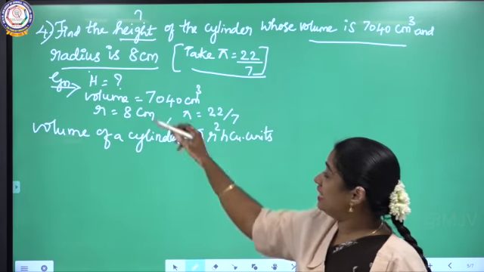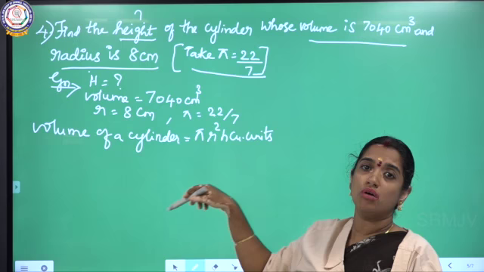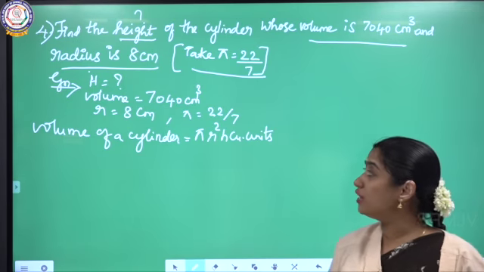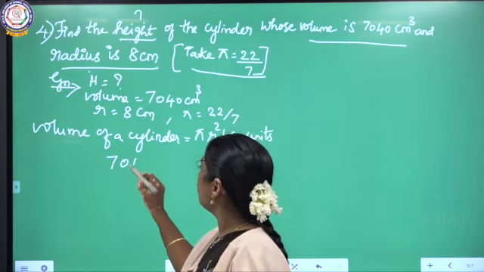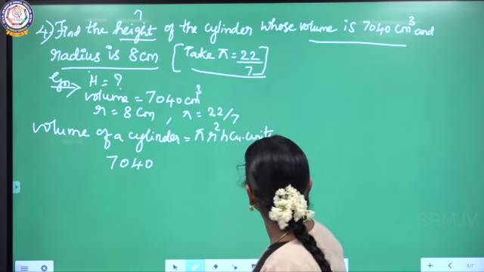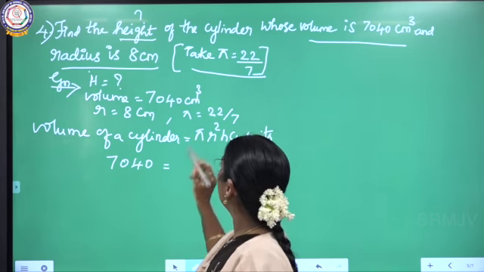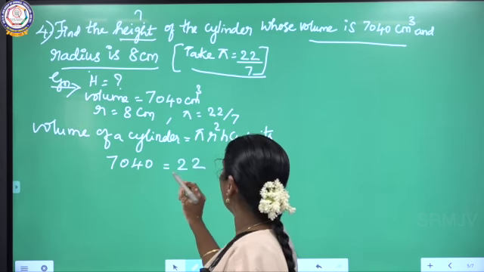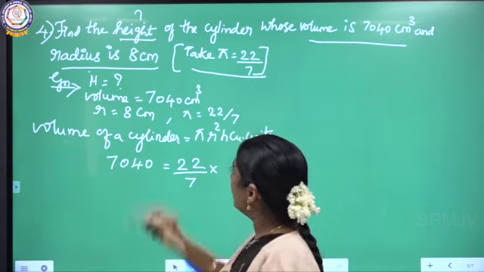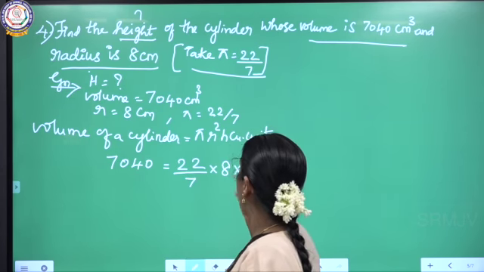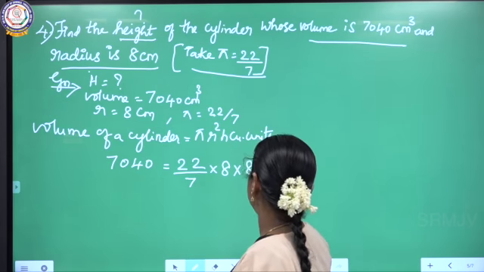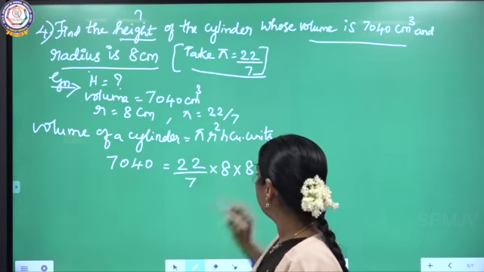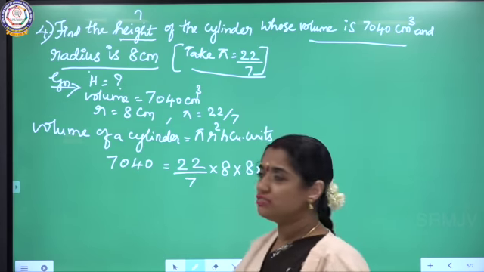So these three things I am going to substitute in the formula, and then finally find out the height. 7040 is equal to pi, 22/7, radius 8 into 8, and the height I don't know. That only I am going to find out.